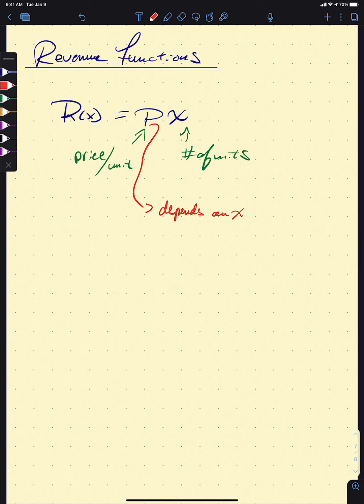So now it gets a little bit more complicated, because now P is a function of X. P is our demand equation.